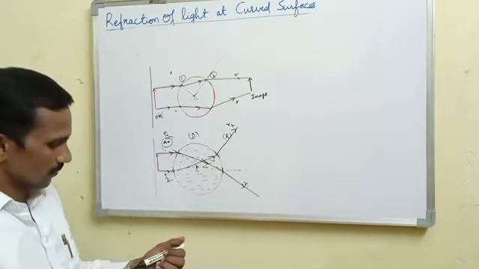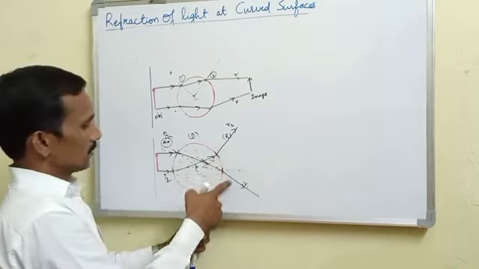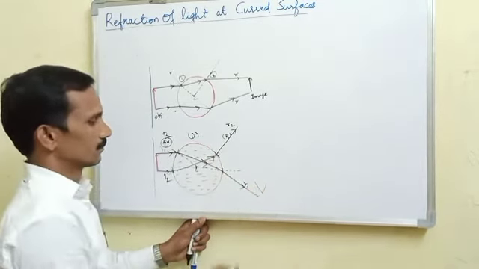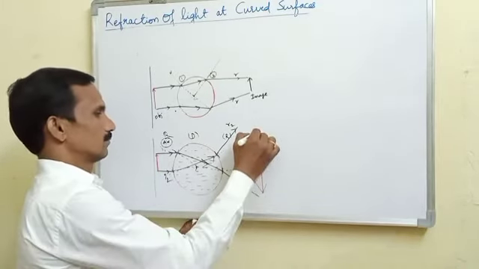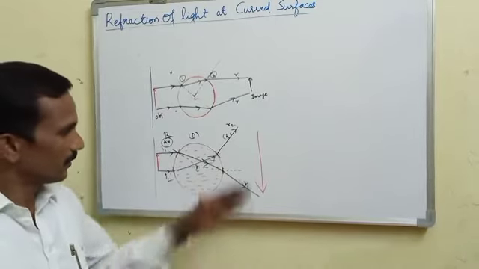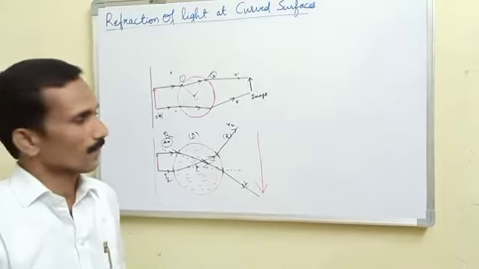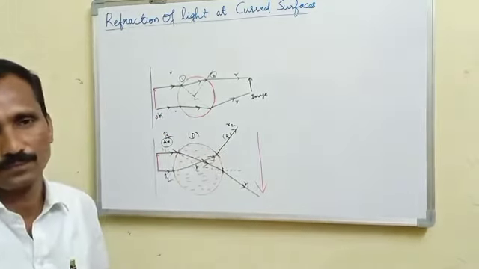It is diverging. So then this ray, this is the top of the arrow, means here it is. This is the bottom of the arrow. Like this. So it is inverted and enlarged. The refraction occurs at 2 times.